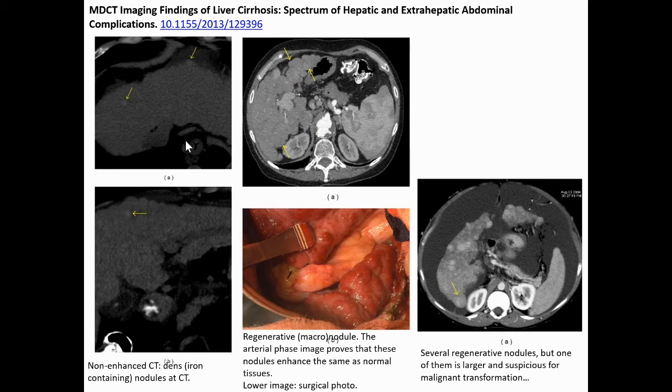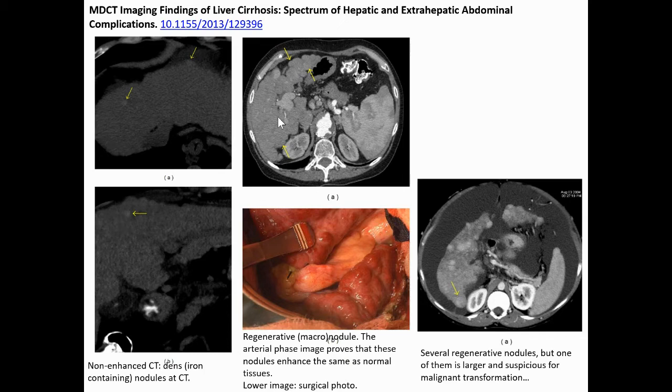Sometimes we see iron-containing nodules in the cirrhotic liver, and they will show up quite nicely on the non-enhanced series because iron-containing compounds will show up as white areas, and usually these fatty livers are quite dark, so there's a great contrast between them. So these yellow arrows are pointing to iron-containing nodules.